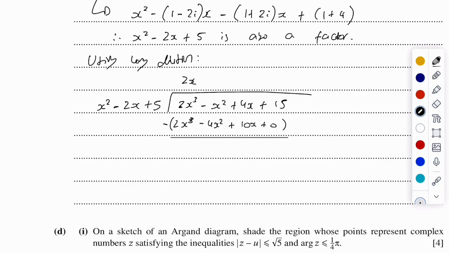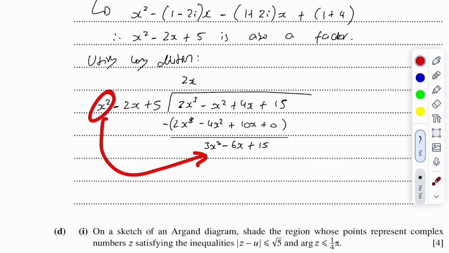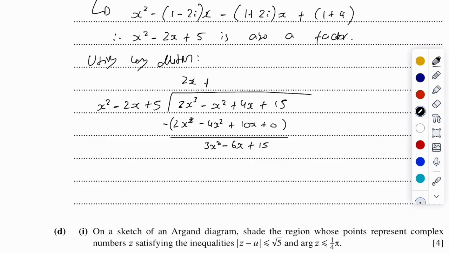Apply that, and if we jot this down, we get 3x squared minus 6x plus 15 on the bottom. Go x squared coming here 3 times.